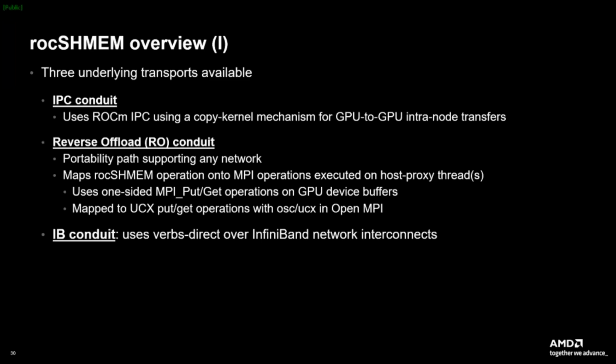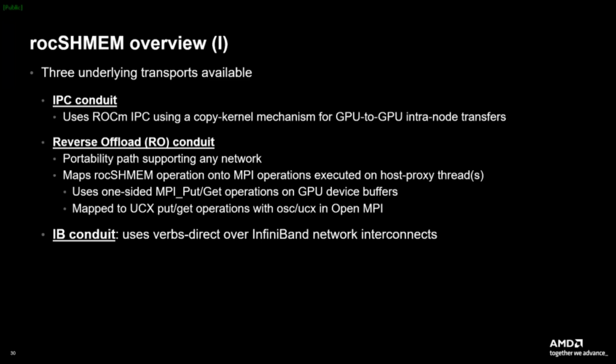yeah, for various reasons. Internally, what is quite interesting and what puts it within the context of this workshop is that the RockSHMEM put and RockSHMEM get operations are mapped to MPI put and MPI get operations. And when using UCX, this maps down to UCX UCP put, UCP get operations using the UCX functionality on GPU buffers.